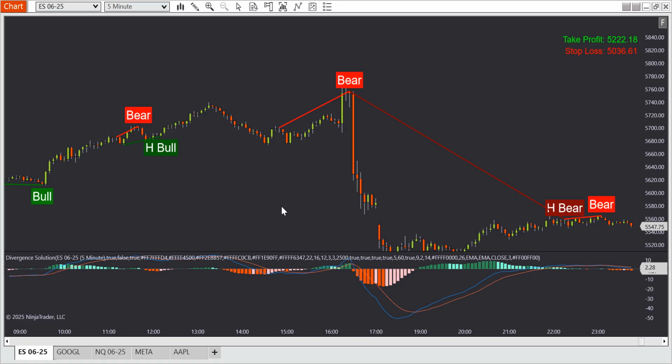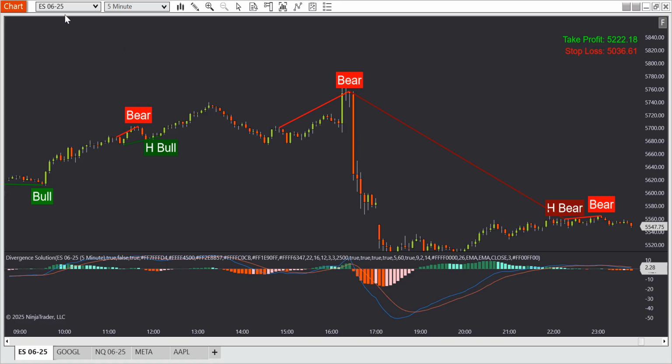This one has the benefit of marking out where the divergences are taking place, and it is marking out the highest probability ones as well. There's a three-part confirmation algo that it takes into account before marking out these divergences.